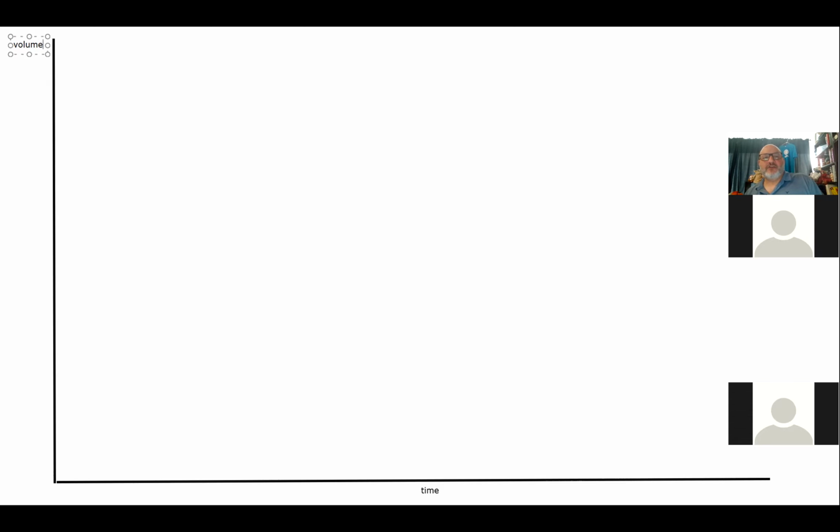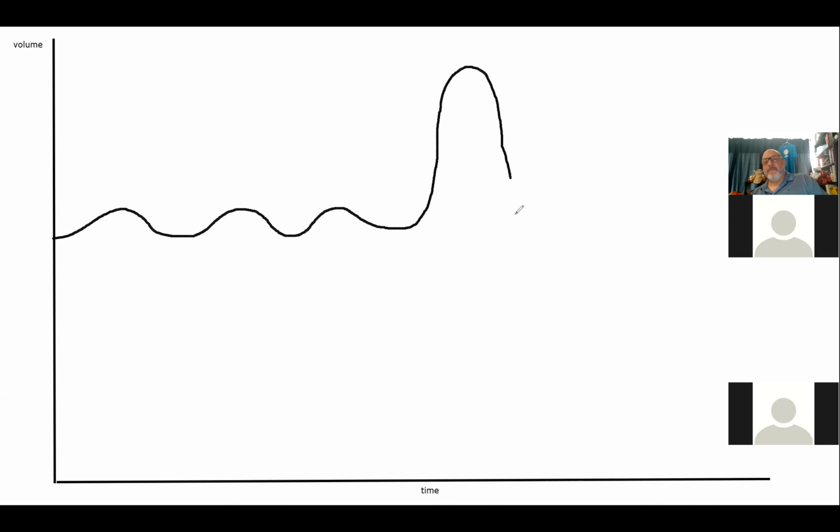Now, if you were to do that, what would happen is you would see a curve that would form that would look something like this. Inhale, exhale, inhale, exhale, inhale, exhale. Maximal rapid inhalation, maximal rapid exhalation, and then back to your normal inhalation and exhalation.